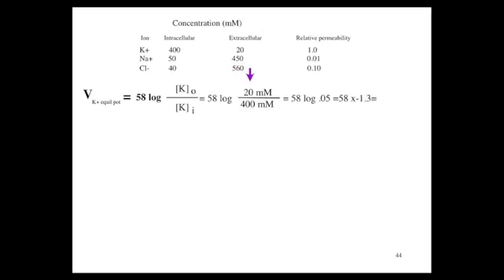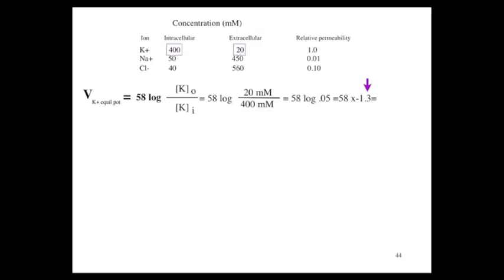And we know what the potassium concentration on the outside is. It's 20 millimolar. We get it from here. And we know what the potassium concentration on the inside is. It's 400 millimolar. It's given to us in the chart up here. So we simply divide 20 by 400, and that gives you 0.05. So it's 58 times the log of 0.05. And the log of 0.05 is minus 1.3.